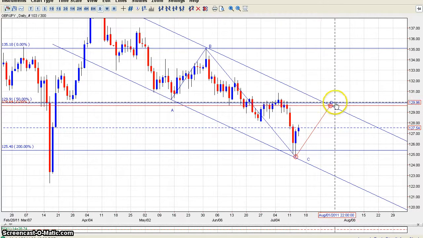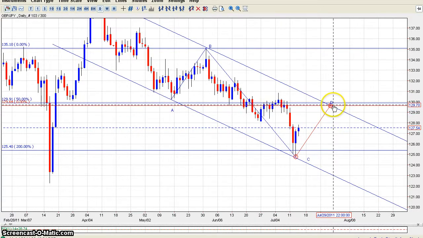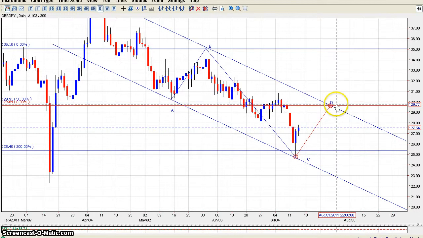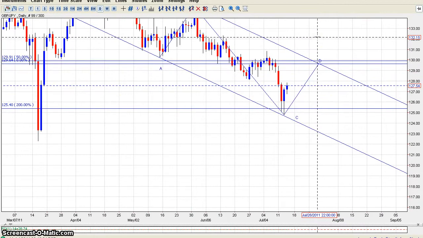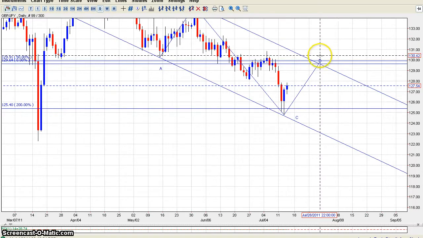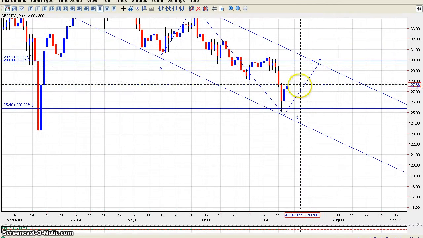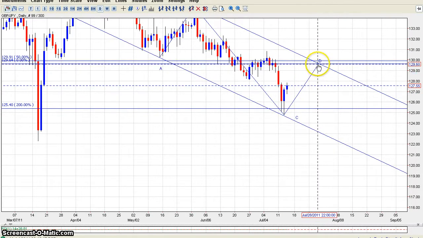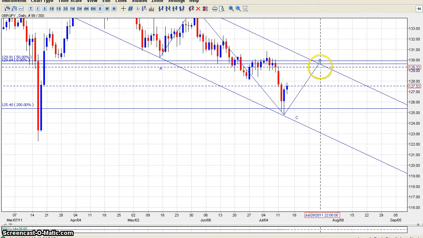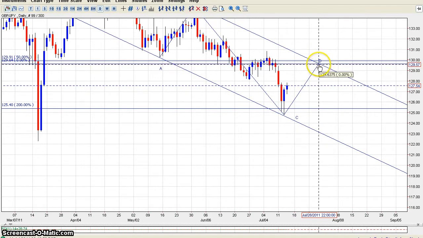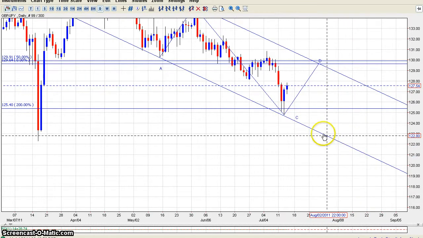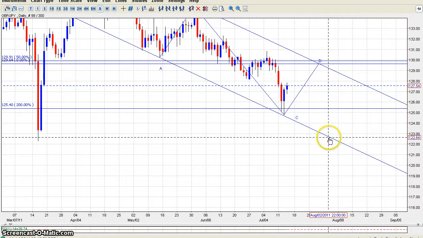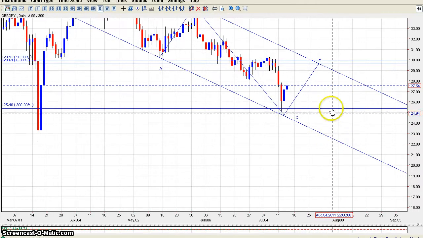So entry order at 129.7, just in the middle of this range. Stop at 131, and in terms of target, it's going to be an open objective because I want to trade this channel. I'll be trailing my stop accordingly, but my ultimate target will be for price to tag the bottom trend line, the bottom boundary of the channel.